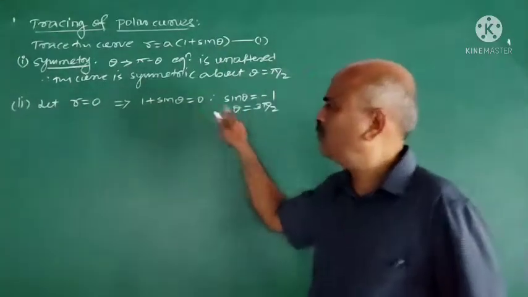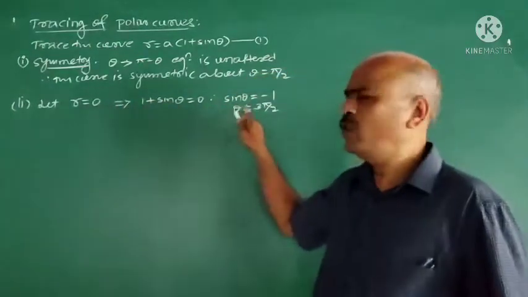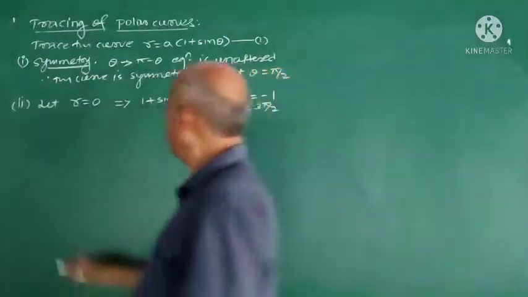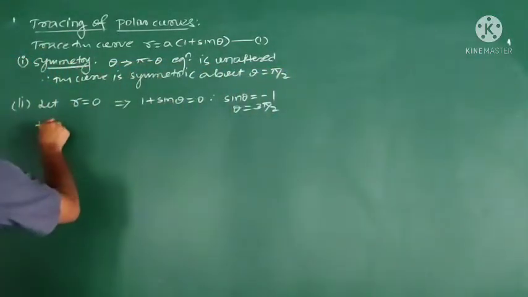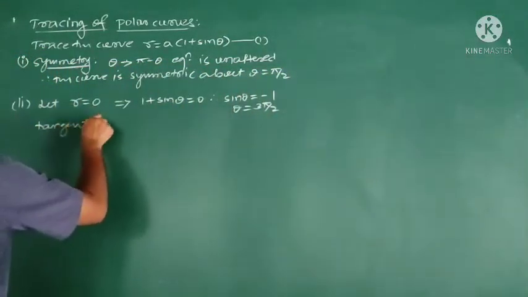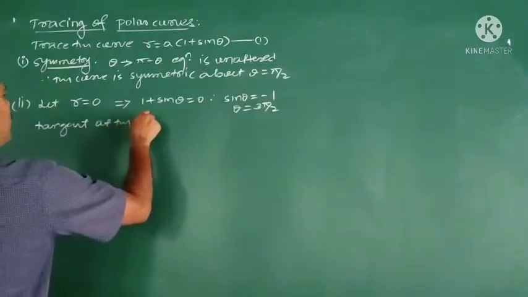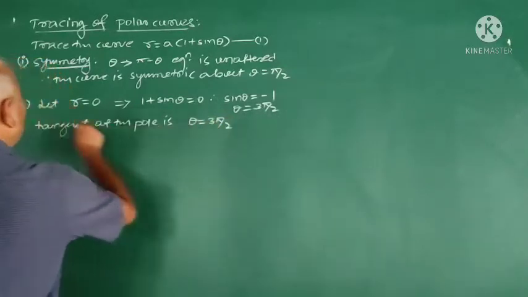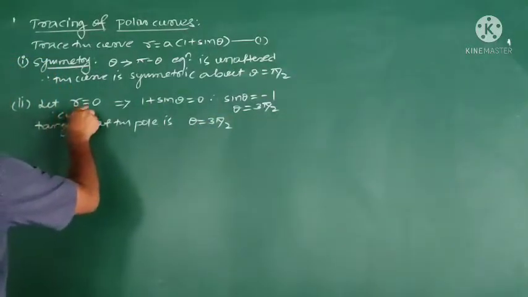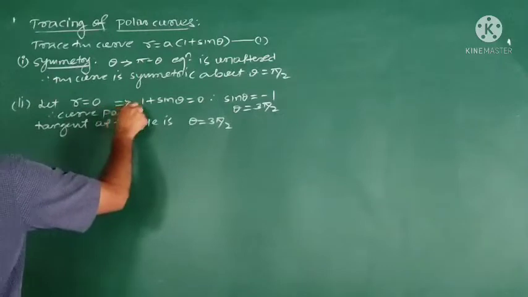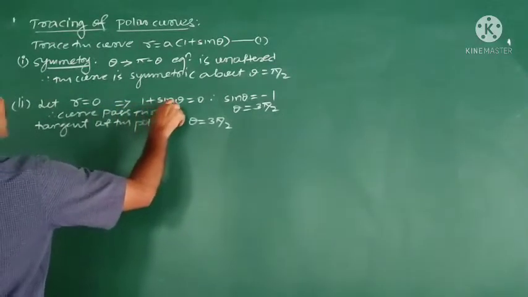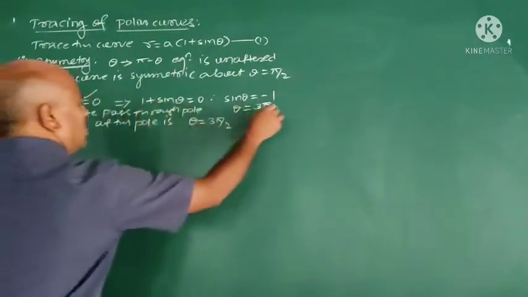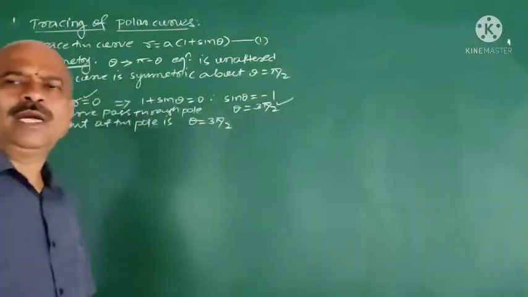Theta is 3 pi by 2, r is 0. Therefore, the curve passes through the pole, and the tangent at the pole is theta equal to 3 pi by 2, because r equal to 0 gives theta equal to 3 pi by 2.